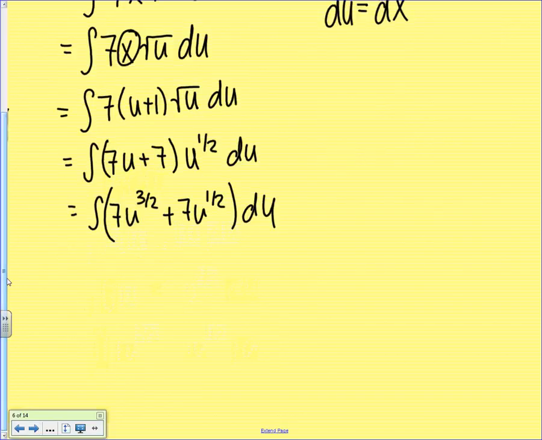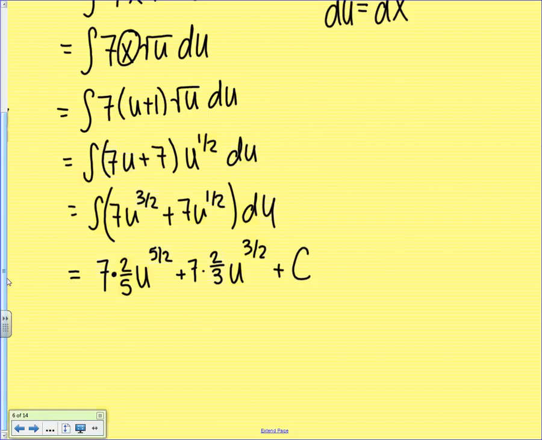And so now we integrate. So we add 1 to the exponent to get 5/2. And then we do 7. Instead of dividing by 5/2, I'm going to multiply by the reciprocal. And then we have u to the 3/2, because you add 1 to 1/2. And then 7 times the reciprocal, so 2 over 3. And I'm going to go ahead and put plus c so I don't forget that.